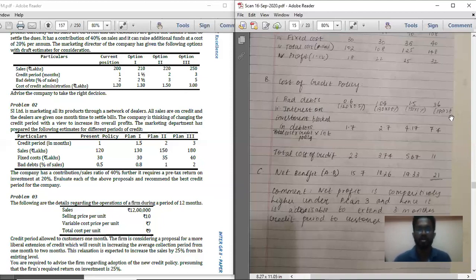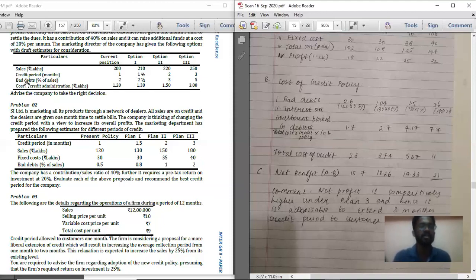So under bad debts, now small Roman number 2, interest on investment blocked in debtors. See, in the last problem we calculated directly on the sales value, the total credit sales value, because we didn't know the total cost, as they didn't mention the fixed cost.